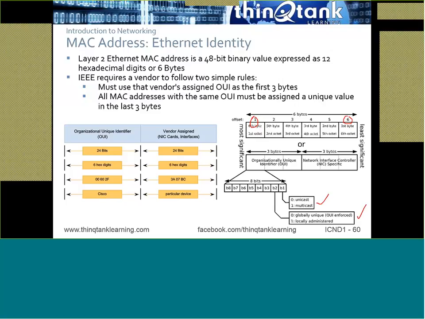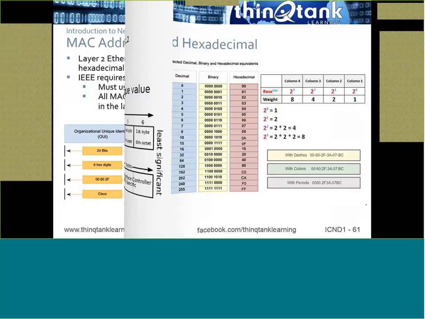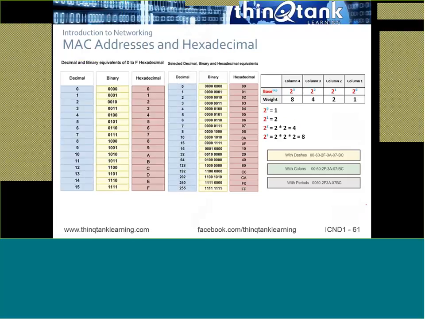In order to understand MAC addresses, though, you have to understand hexadecimal. And quite frankly, it is very important that you understand hexadecimal anyway, because IPv6 addresses are written in hexadecimal. A lot of the fields that you'll see in Wireshark are written in hexadecimal format. You guys are not going to have to deal with hexadecimal when you take your exam.